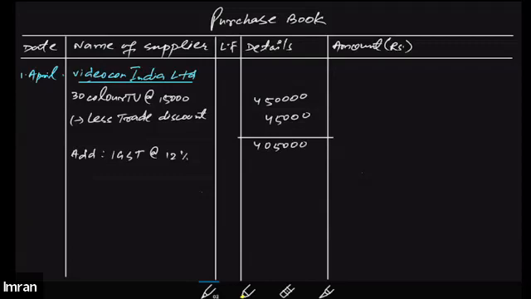On this amount, we will be charging 12%. So 12% of 4,05,000 is 48,600. All right, is that clear?